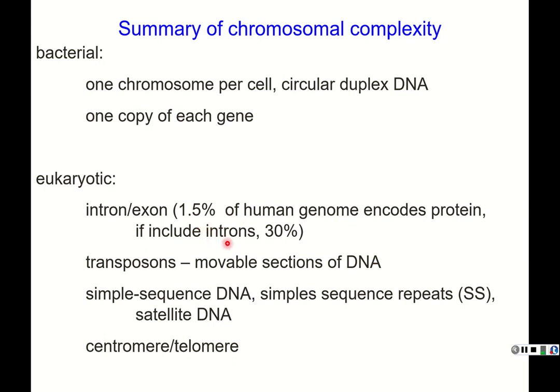It's higher than the number of exons, or the regions that are getting turned into protein. Okay. If you take that away, that still leaves about 70% of the genome, right? So what other things make up that? There are things called transposons that are movable sections of DNA.